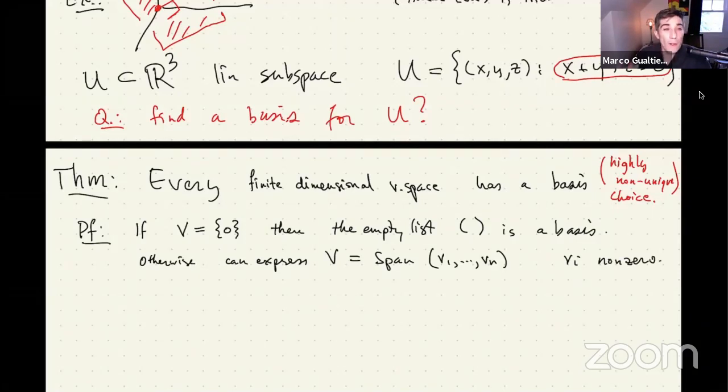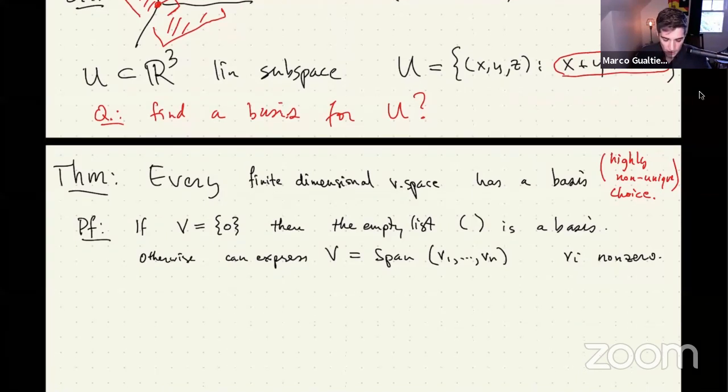Well, first of all, the vector space we're assuming is finite dimensional, which means that it can be spanned by a finite list. If 0 occurs on that list, then I'll just delete it from the list, and it won't change the span. So I don't need to have any zero vectors on this list. I might as well remove them if they happen to occur for some bizarre reason.